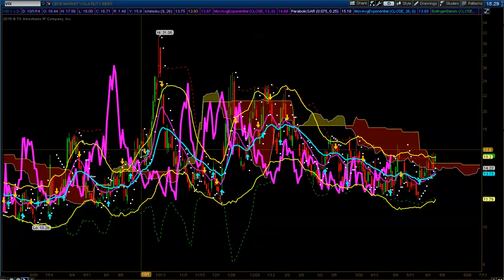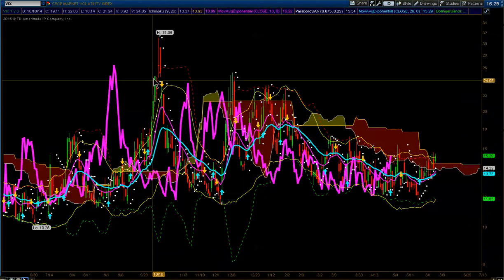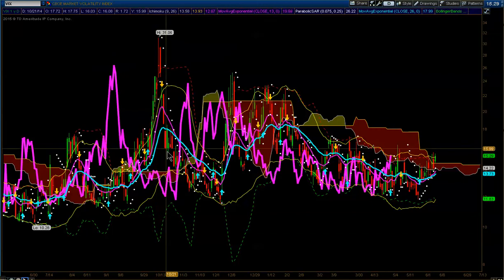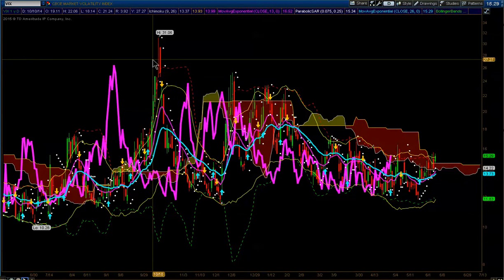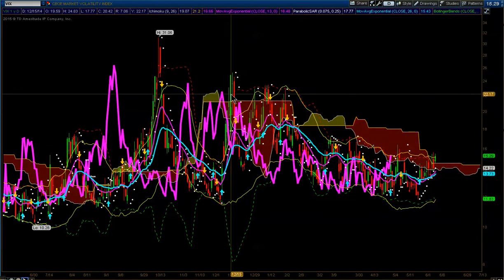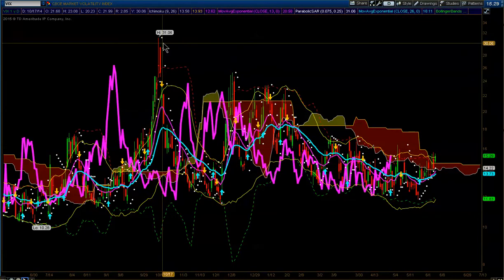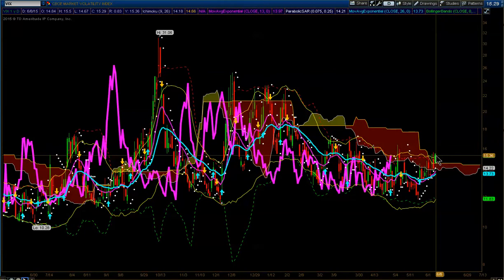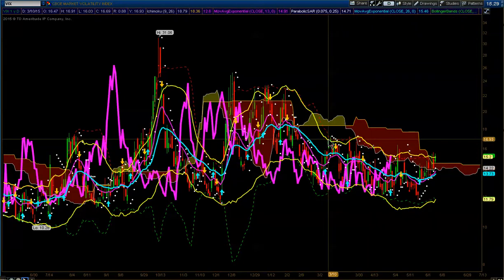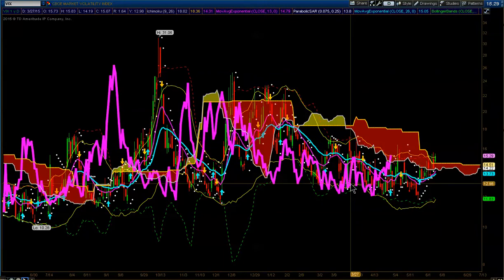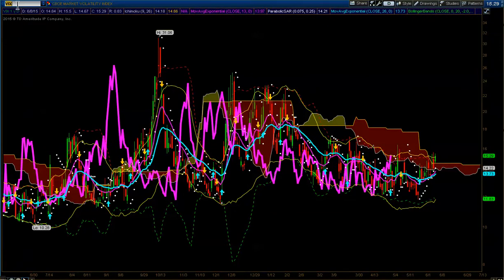But if you've got one eye on the signs and symptoms of the breakdown, then both eyes always on what's the most probable outcome. Well, for every time this happened, you had about 6 or 7 of these where it gets to the Keltner band and then reverses. So you put that together with everything else, and you start to get a feel for what is the most likely outcome.